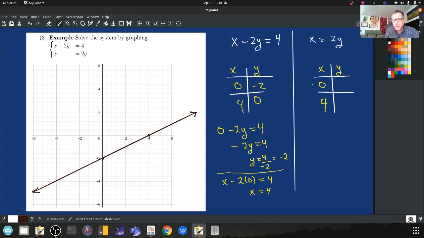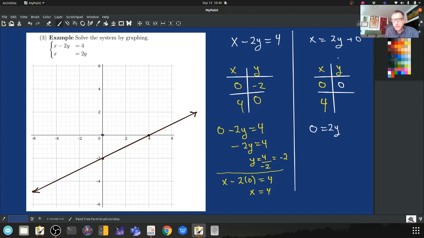Now over here, notice I did not do the kitty corner zeros. Why? Because our constant term is 0, and that means this linear equation goes through the origin. So already I know when I plug in 0 for x and I solve for y, well, 2 times what number gives me 0? Well, that number is 0. So I've already got 1 point immediately, and it goes through the origin.